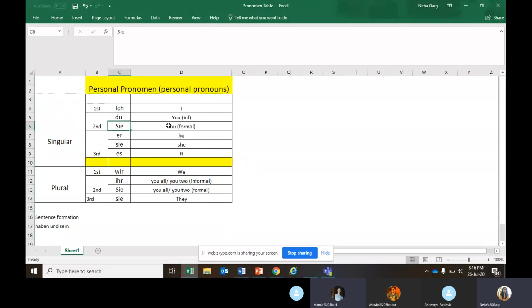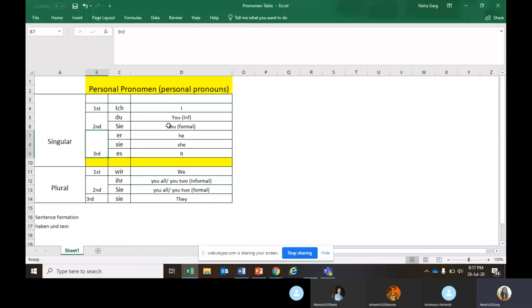So in German, Sie has many meanings. It can be used for singular person also, and it can be used for plural also. So for you, it would be formal way Sie. That is second person.